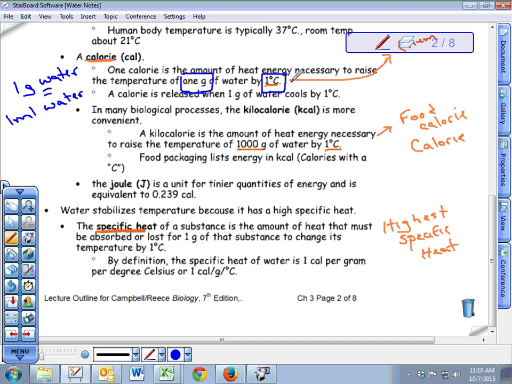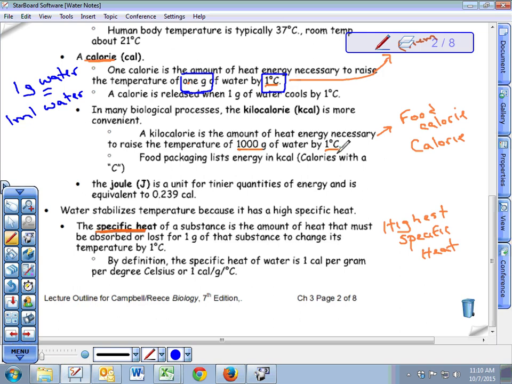But when we say temperature in a living thing, it's always going to be Celsius. So all you've got to do is figure out how many grams or milliliters of water there are and how many degrees you increased it.